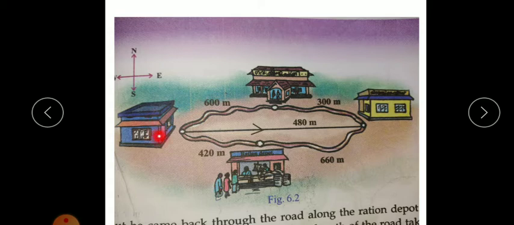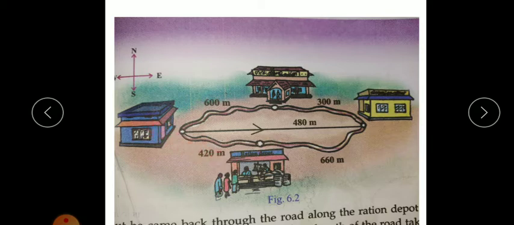Here you can see a home, and this is office, and this is hospital, and this is the ration shop. The length of the path from home to hospital is 600 meter, and hospital to office is 300 meter, and office to ration shop is 660 meter, and from ration shop to his home is 420 meter.